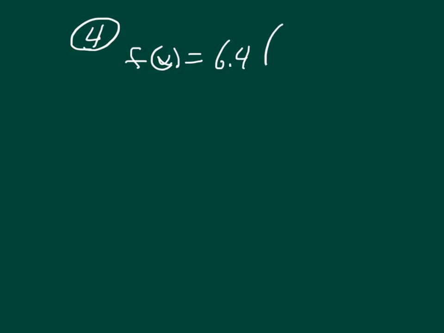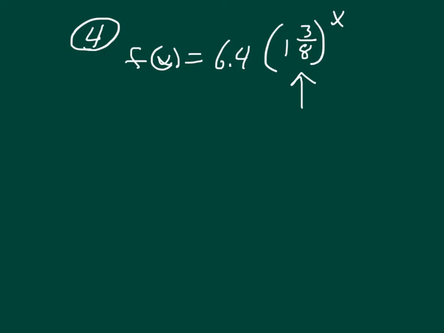Alright, let's go to number 4. Now that you've worked through question number 4, and if you haven't done it already, pause it and work through it. But for number 4, it says f of x is equal to 6.4 times 1 3/8 raised to the x. First of all, right here, we see it's going to be 1 3/8.